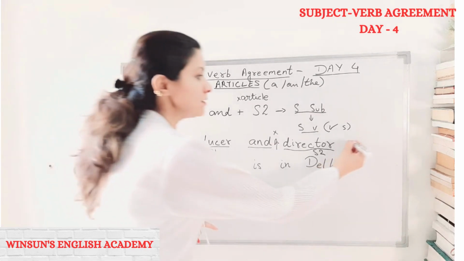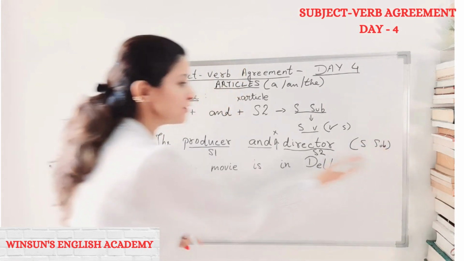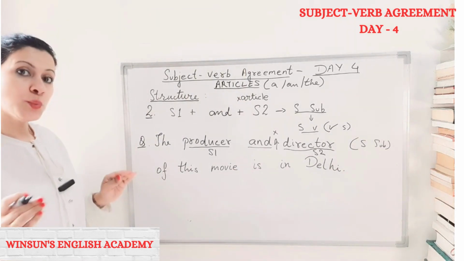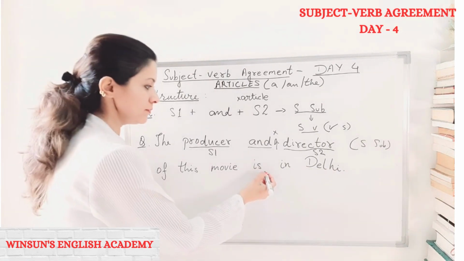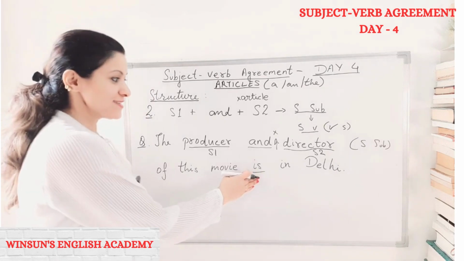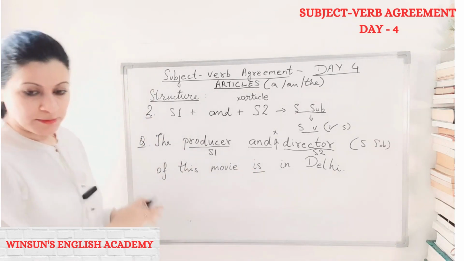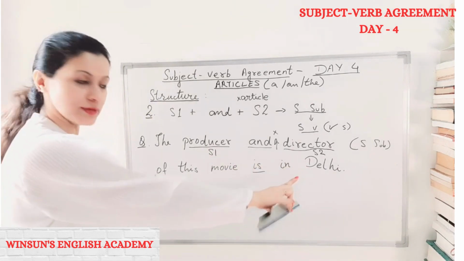So it becomes singular subject. And singular subjects take singular verbs. Now, of this movie, it's immaterial. Where is the verb? Is. Okay? Is. Now, let me make some changes in this sentence. Now we know that we are talking about the same person, right?